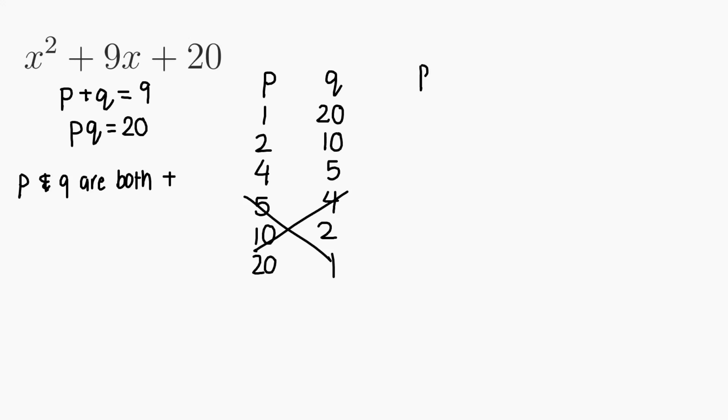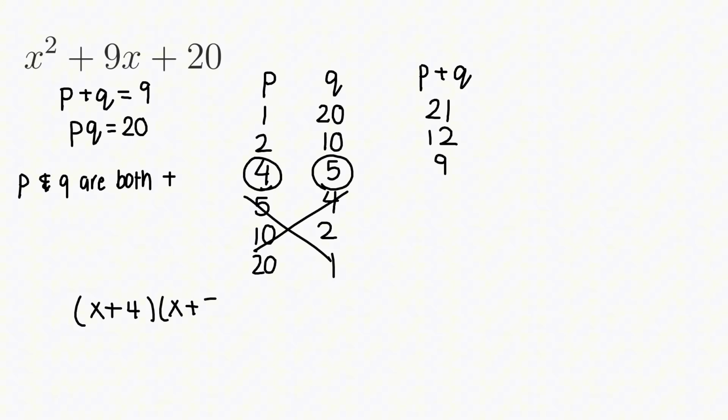So, p plus q: 1 plus 20 is 21, 2 plus 10 is 12, and 4 plus 5 is 9. So we got our answer right here. We know that the answer is x plus 4 times x plus 5.